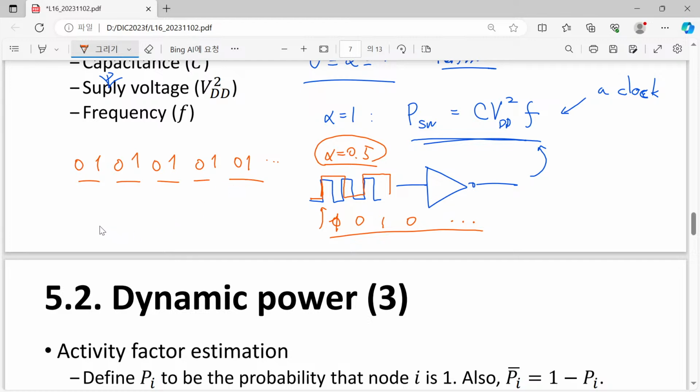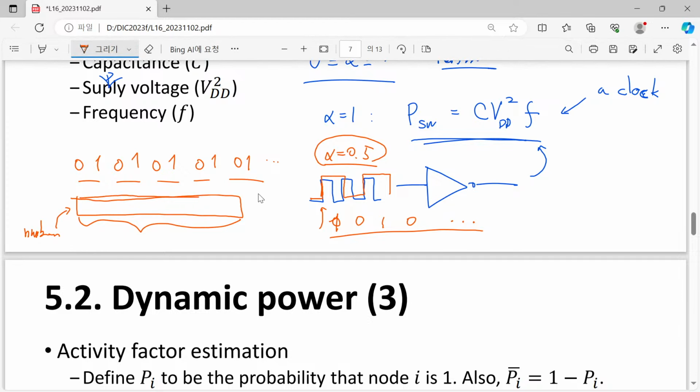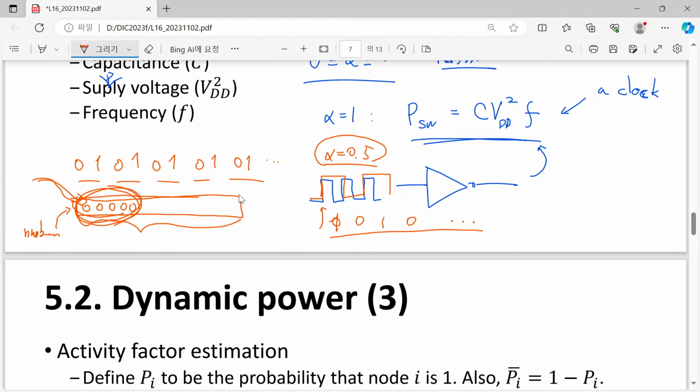For example, if you think about processing a certain number, let's say that this memory is assigned to a certain number, a double precision number for example, or an integer. And in many cases, your highest bits may frequently be 0, and you change your numbers in the lower bits.